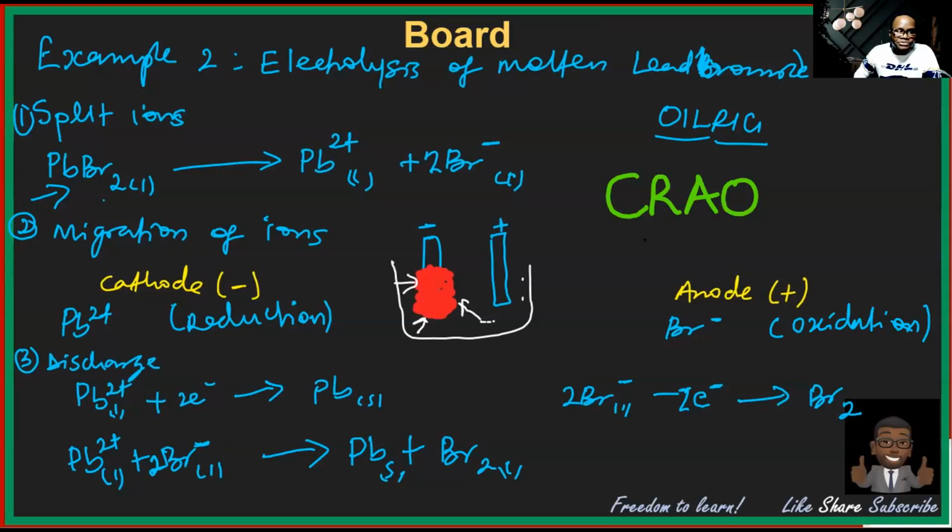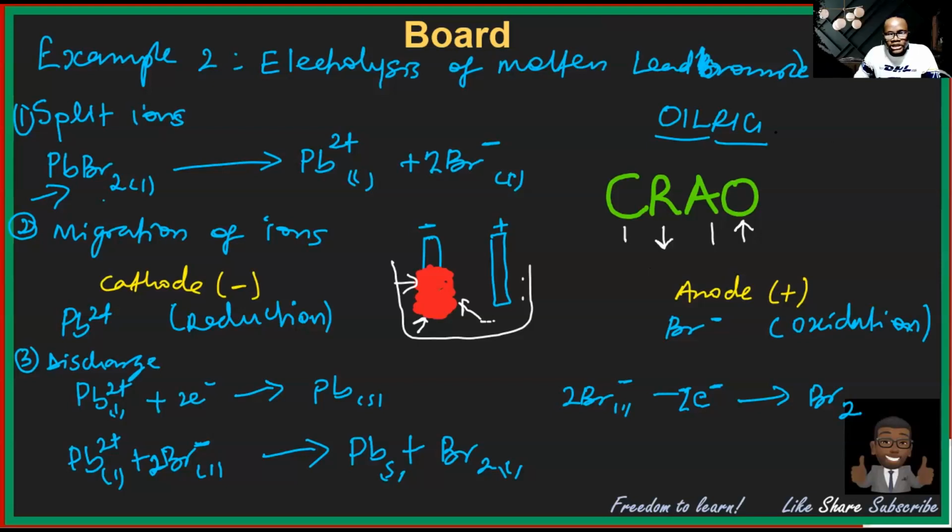It helps my students remember that at the cathode, what you have is reduction, while at the anode, what you have is oxidation. Would this be helpful? I think OIL RIG is still more memorable.